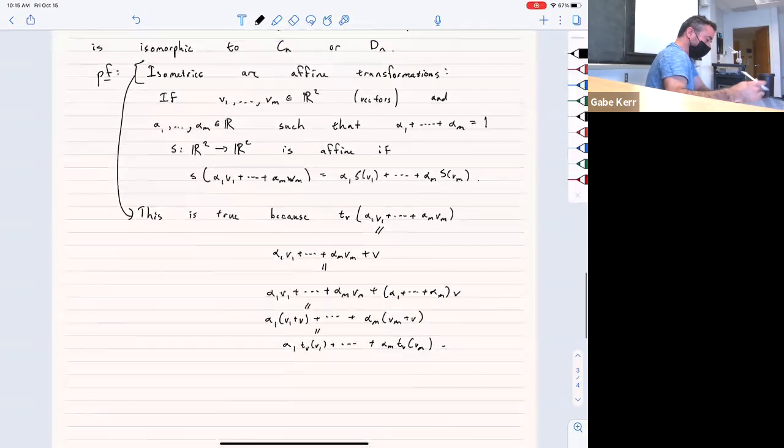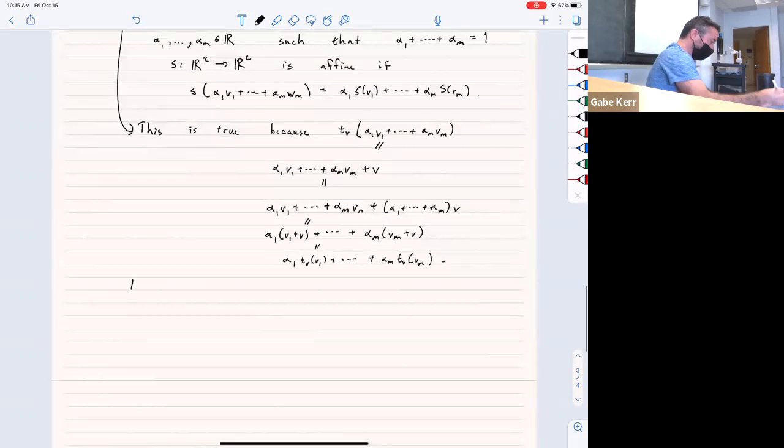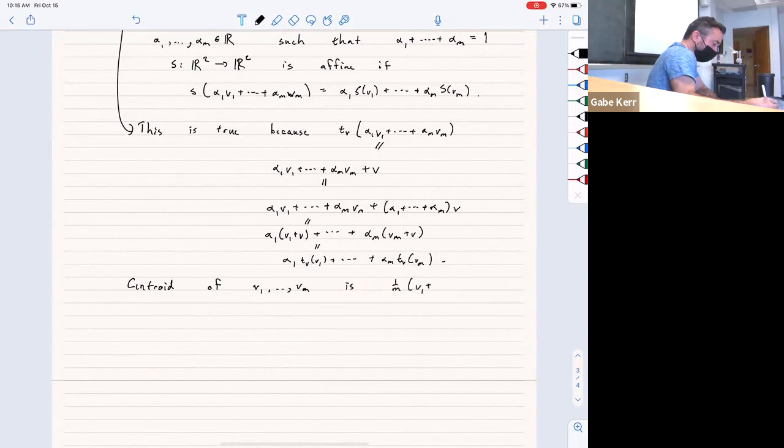So what is the centroid? Here's a centroid of, say, vectors, v1 through vm. It's just 1 over m times v1 plus and so on. It's sort of the average, sort of equally weighted.